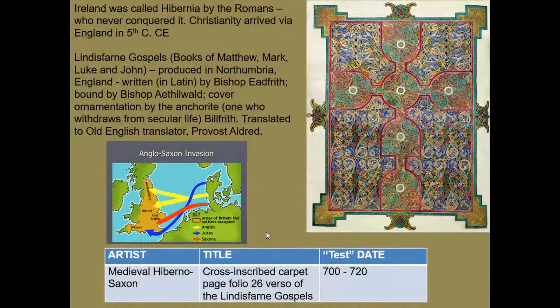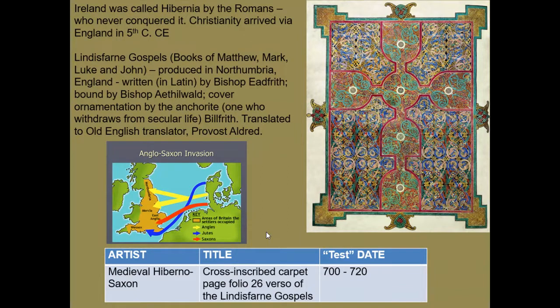Probably the single most famous and most incredible of the works of this period of the Hiberno-Saxon come to us from the monasteries in Lindisfarne. So this is the cross inscribed page of what is normally called a carpet page, or a section that is part of a folio that would really not have text associated with it, but primarily be illustrative.